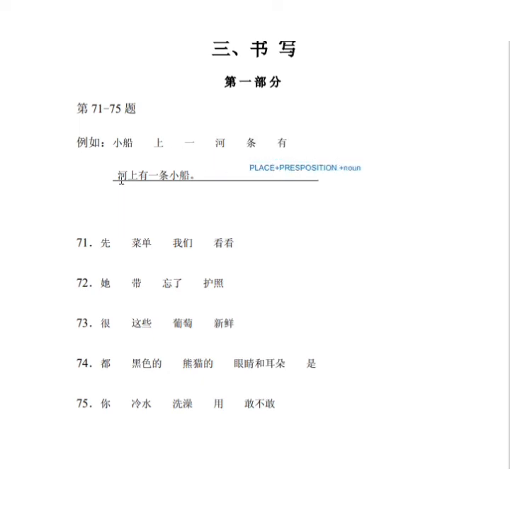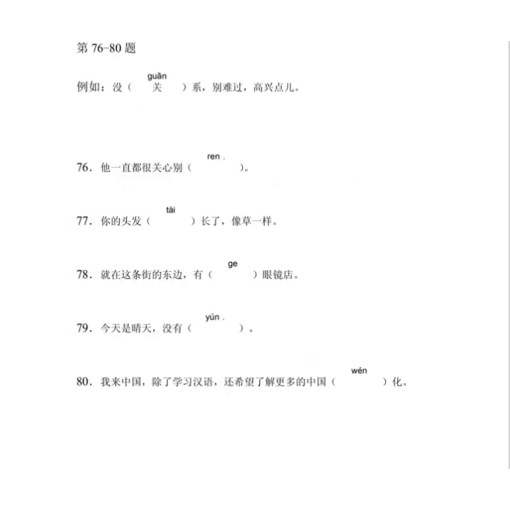The place here is he meaning river, and the preposition is shang meaning on, then we put you, and at the end we place the noun, which here is a boat, yi tiao xiao chuan. The right sentence is he shang you yi tiao xiao chuan.